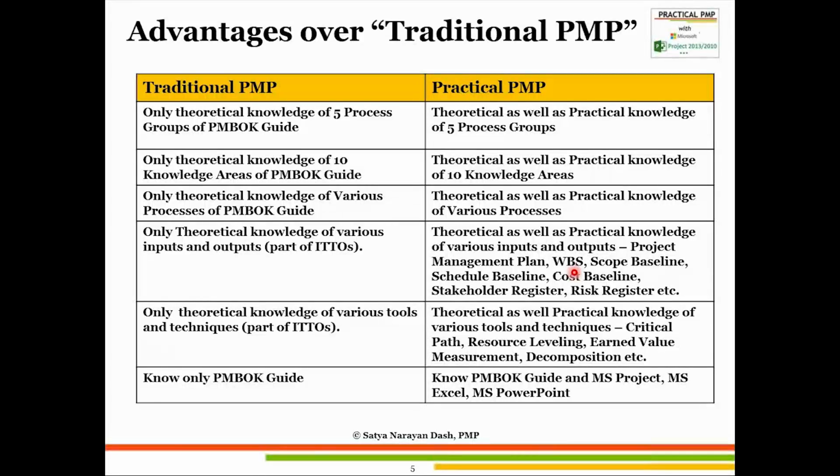So in practical PMP, you will be knowing the theoretical part. Also, you will know how to create a WBS with respect to Microsoft Project, how to define the levels. It can have level 1 till level N, the level you want to define, the WBS IDs or the custom WBS IDs, with respect to Microsoft Project.